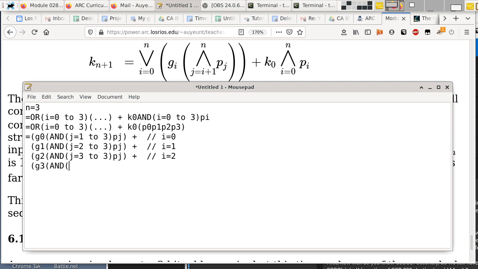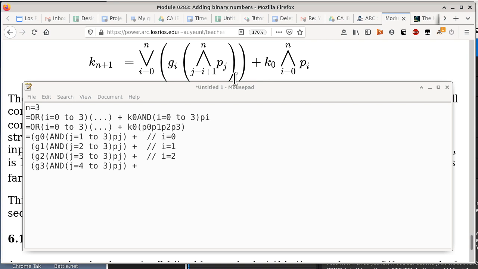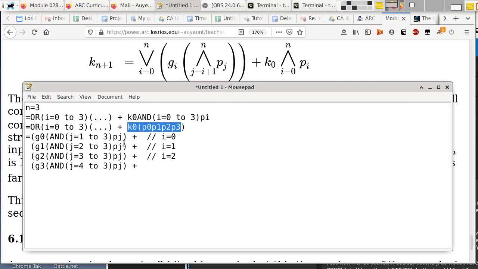Now this one looks kind of funky because j equals 4 to 3, pj. Okay, so we're going to leave it alone for now, and then we'll figure out what that means later on. Okay. And then we have a final plus of whatever is to the right-hand side of the big plus over here. So for that, we just copy and paste this portion and stash it over here.